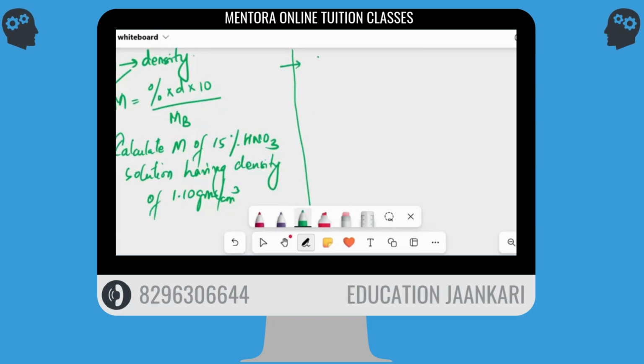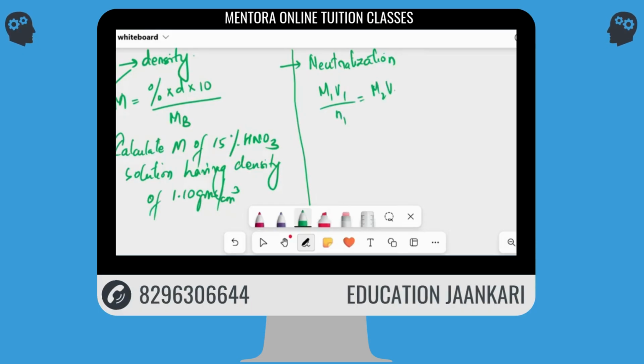All right. For a neutralization reaction or comparing the molarity of two solutions, the formula used is M1V1 by n1 is equal to M2V2 by n2.